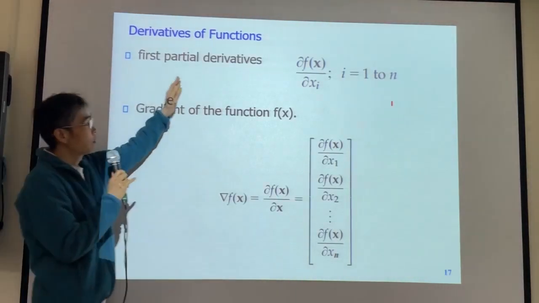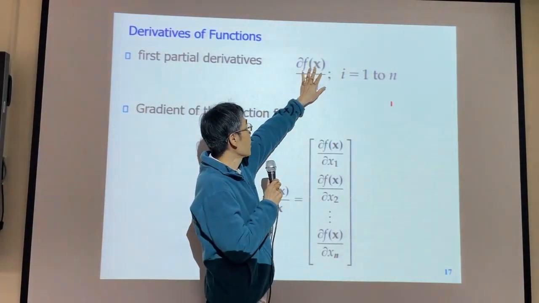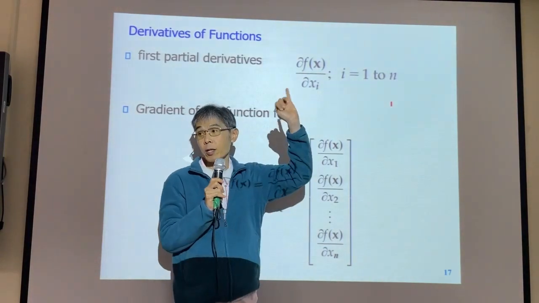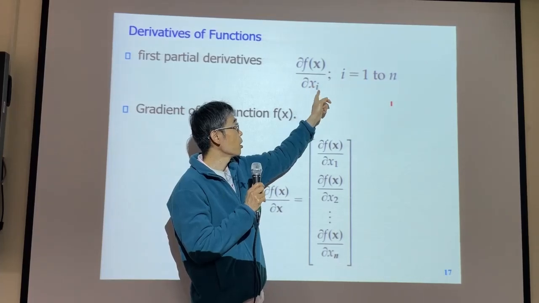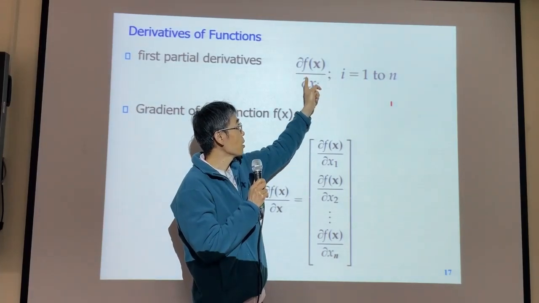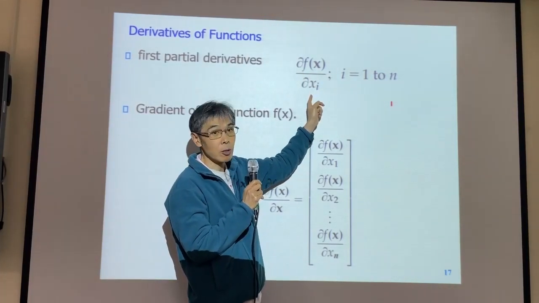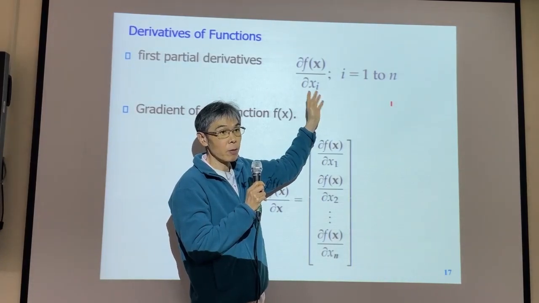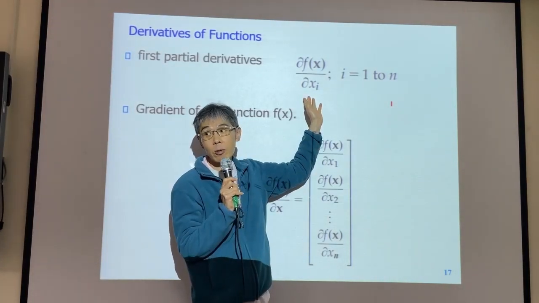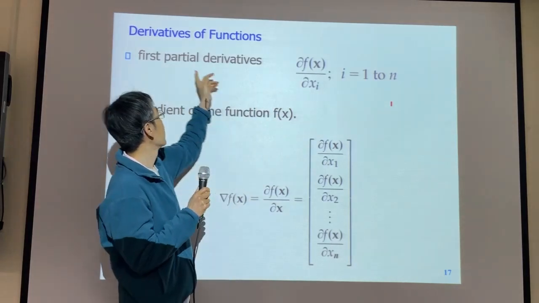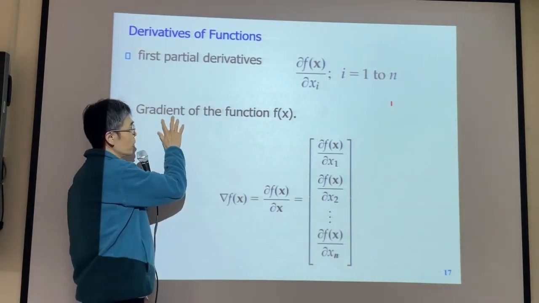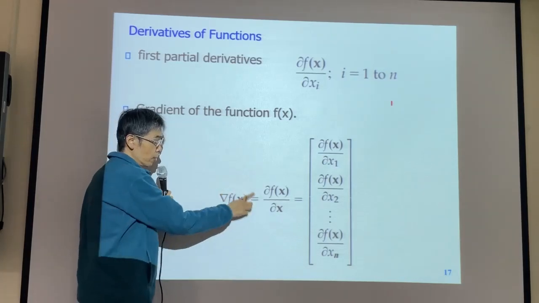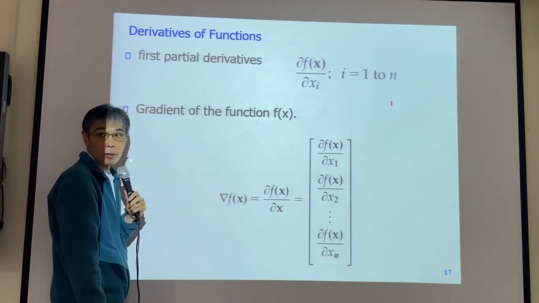Partial derivative means if f(x) is a function of x1, x2, x3, x4, but we only take differentiation with respect to one variable, maybe x1 or x2 or x3. So this is partial differentiation. And this is the definition of gradient. So gradient is a vector.